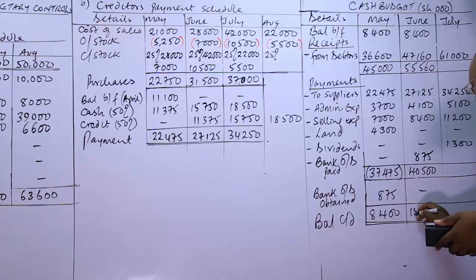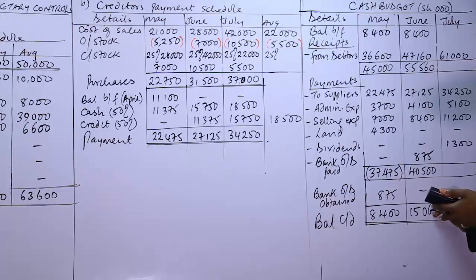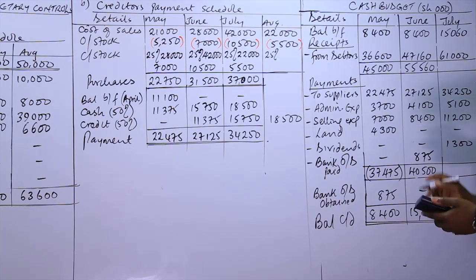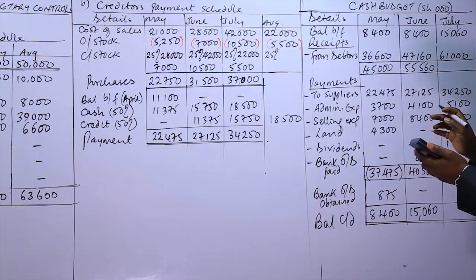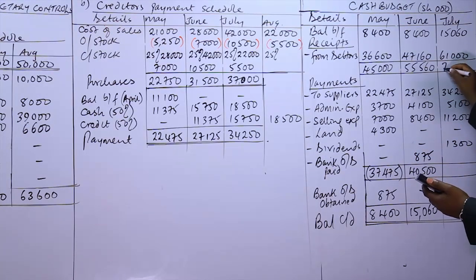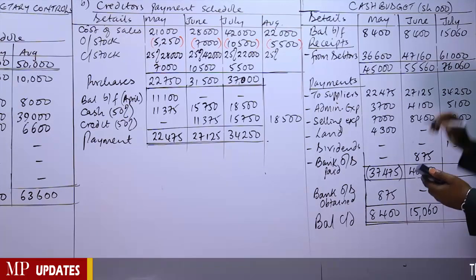So we have 15,060, which we are going to transfer here. When you add this to the receipt of 61,000, this is 76,060.